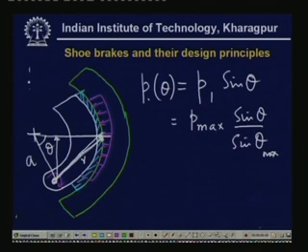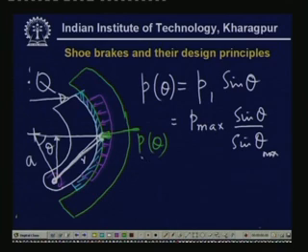So, this is the distribution P theta, and with this distribution we can find out what is the force required, Q, because we know that this is the P theta. On this small element there will be this P theta, and this is acting radially.